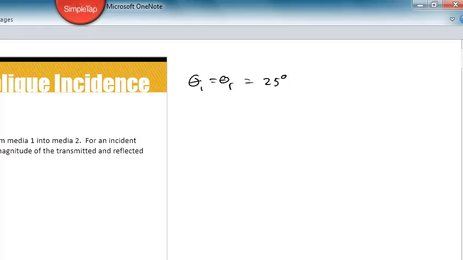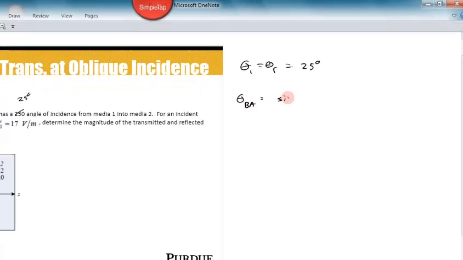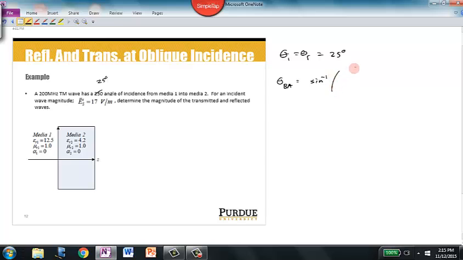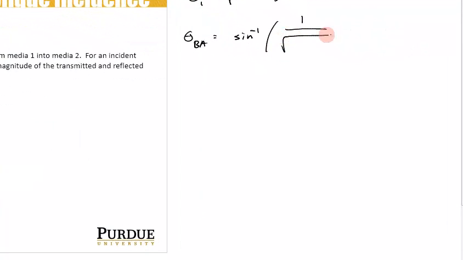Since we're in the TM mode, we need to check Brewster's angle, and that is given by the calculation inverse sine of 1 divided by the square root of 1 plus epsilon r1 divided by epsilon r2.